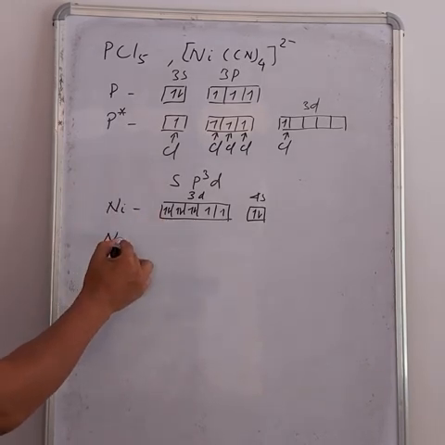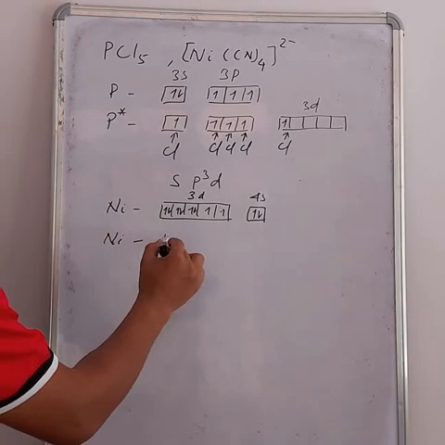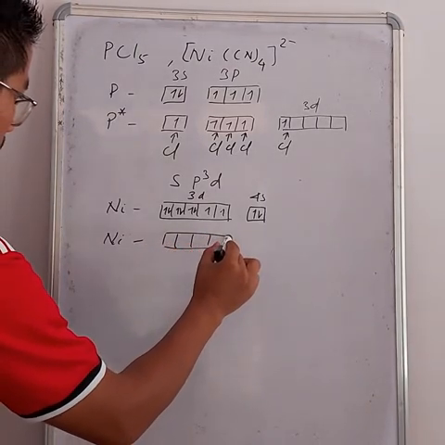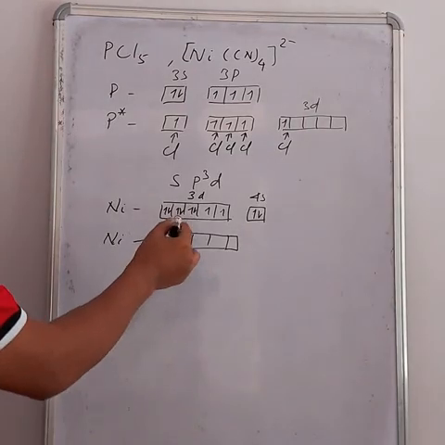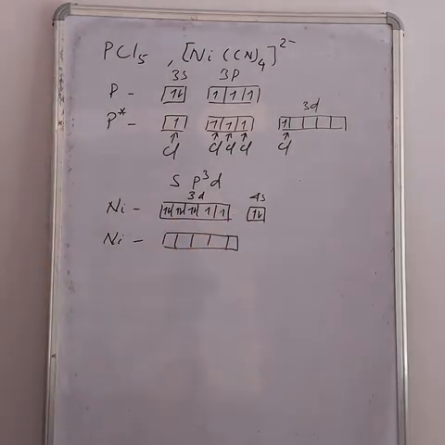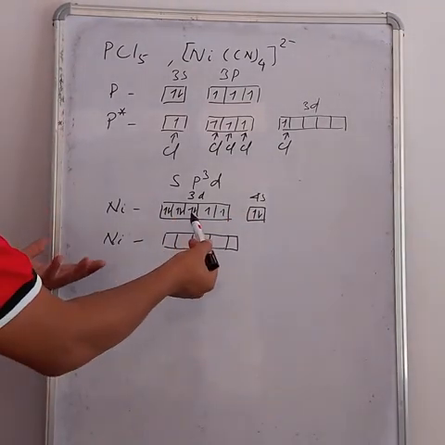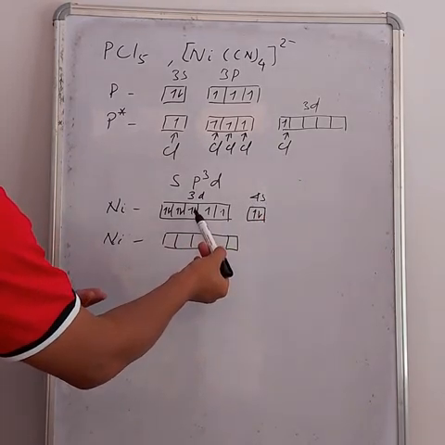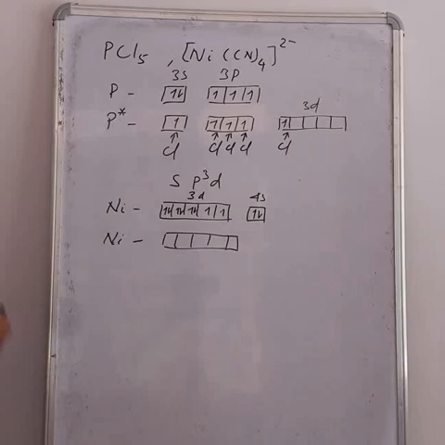Now nickel in the excited state. Naturally this is already filled, so we cannot migrate. But in the excited state, it will migrate.